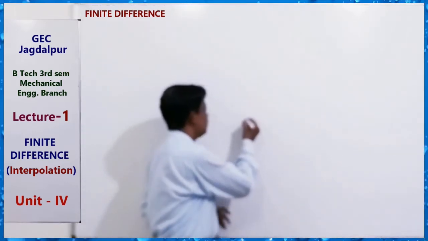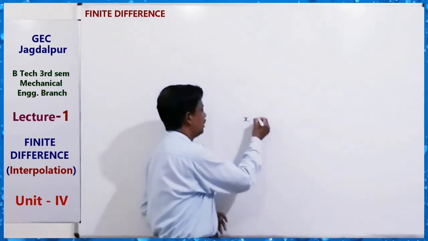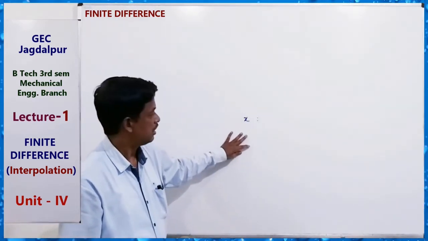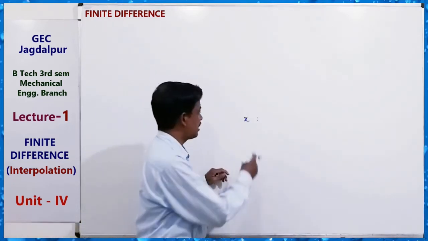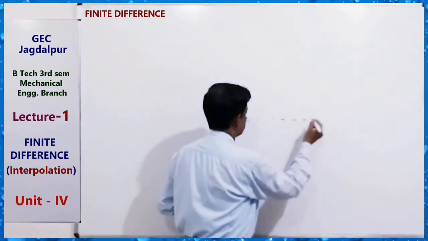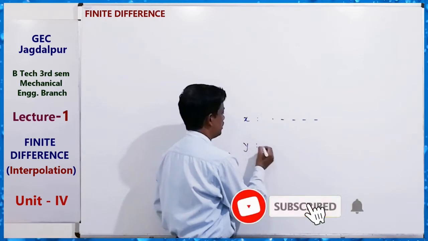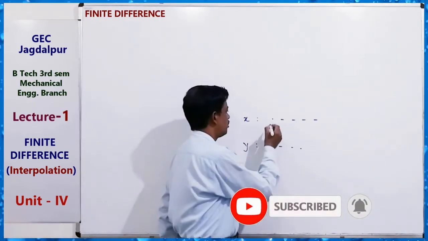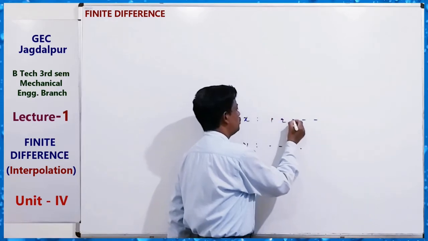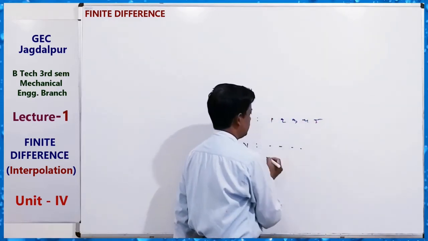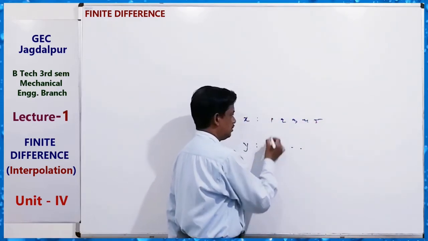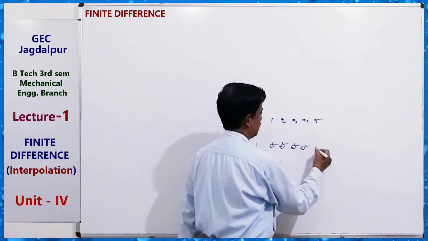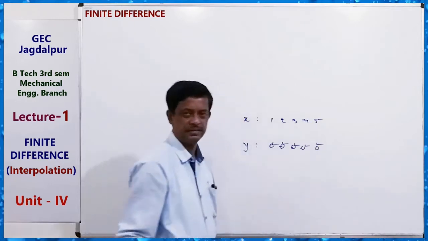Suppose we are given values of x and values of y like this. For x equals 1, 2, 3, 4, 5, the y values are given here, here, here and here; five values are given.